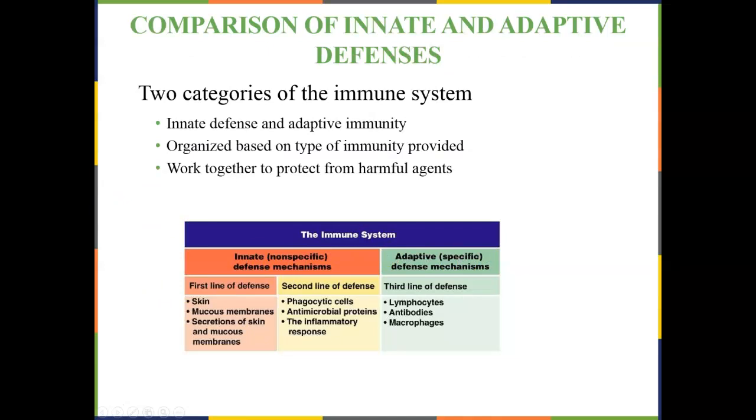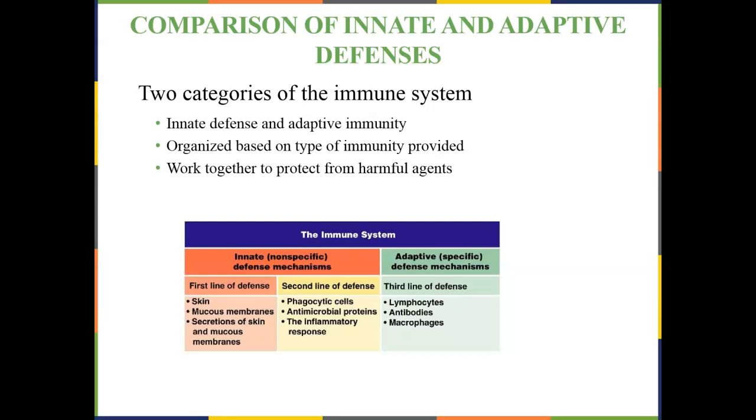So there are two major categories of the immune system. We have our innate defense mechanisms, and then we have adaptive immunity. Innate defenses are things that our body is born with and our body can use to protect us from any and all pathogens.